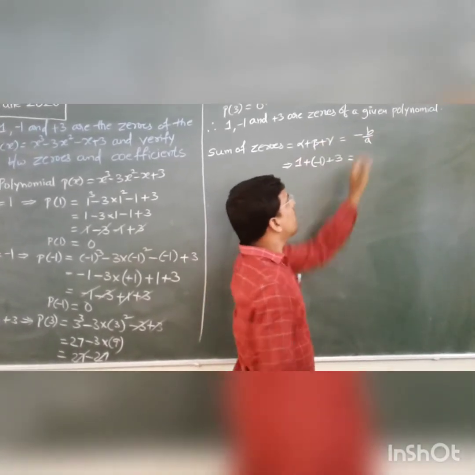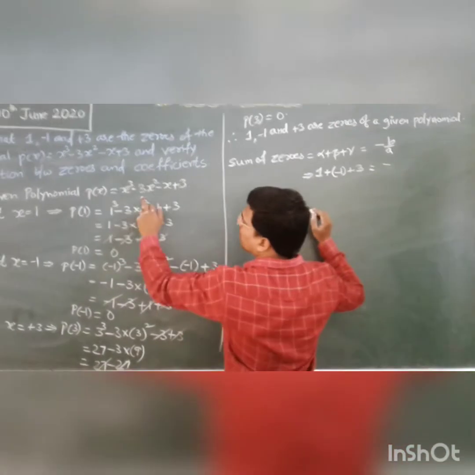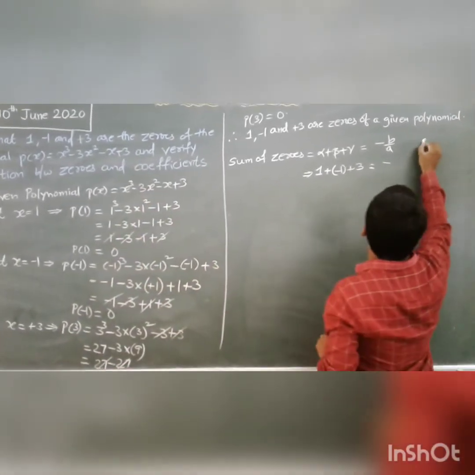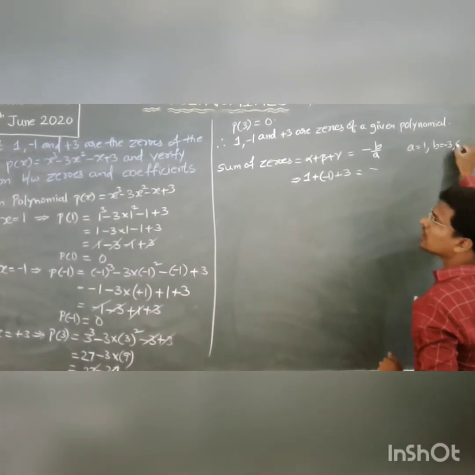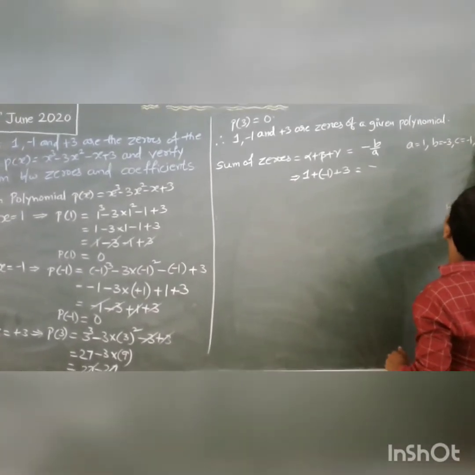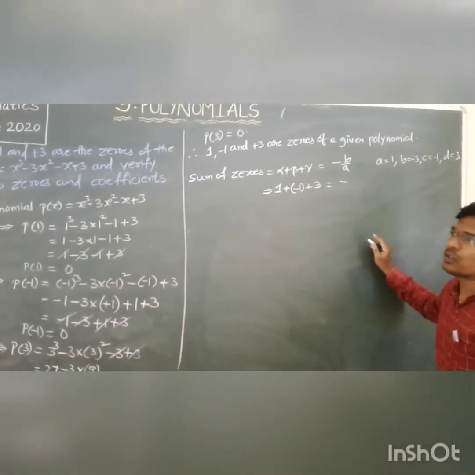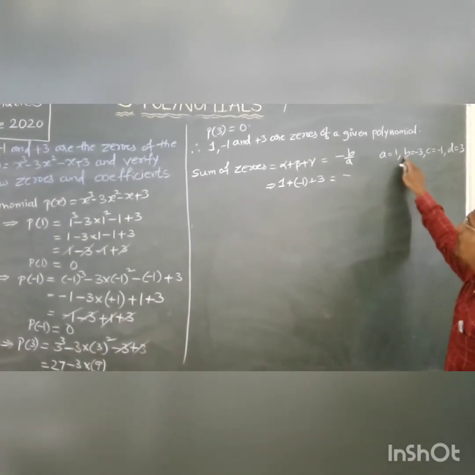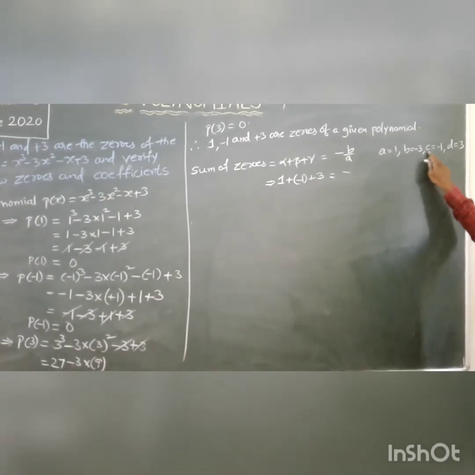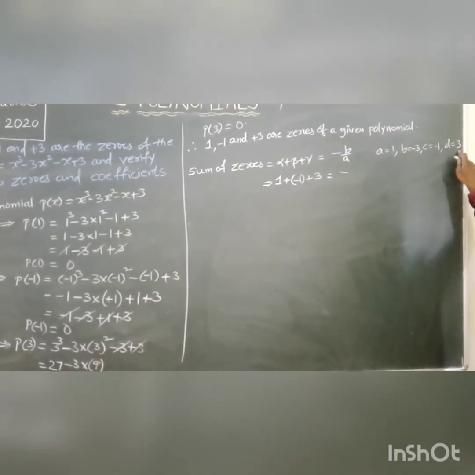So what is the b value from the question? Just compare it. a is equal to 1, b is equal to minus 3, c is equal to minus 1, d is equal to 3. So after comparing, I will get the values: a value as 1, b value as minus 3, c value as minus 1, d value as 3.